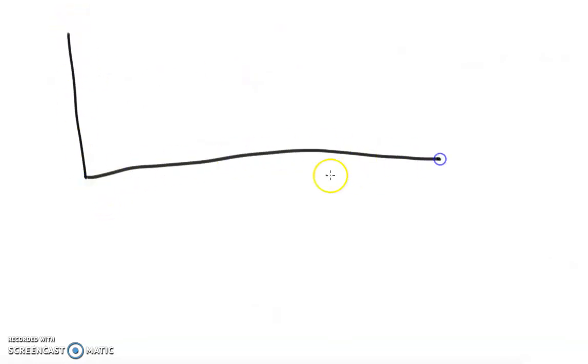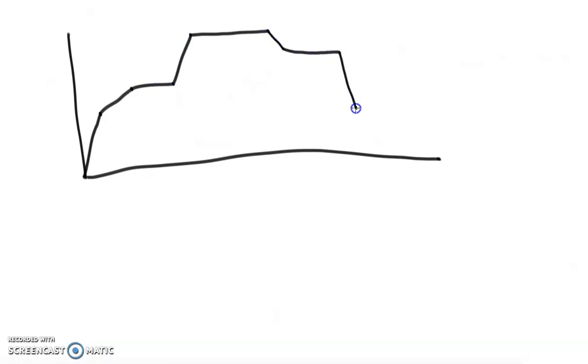So the first question is asking, it has a huge graph over here. Okay. 9, 8, 7, 6, 5, 4, 3, 2, 1.